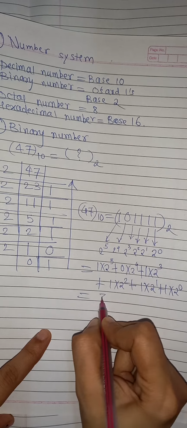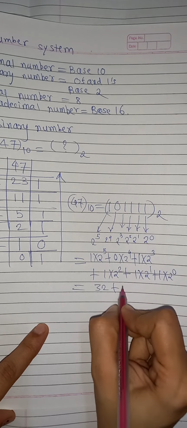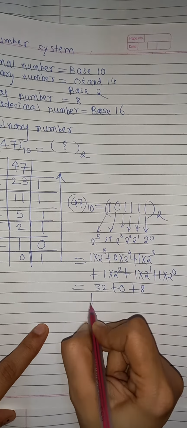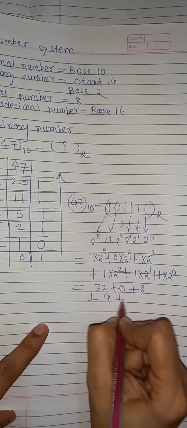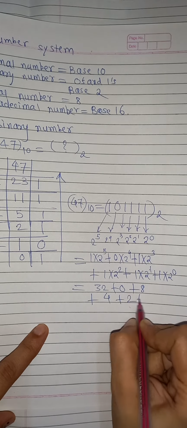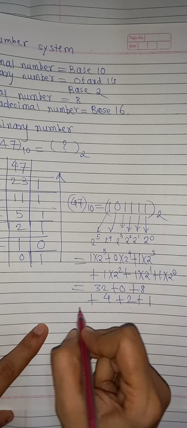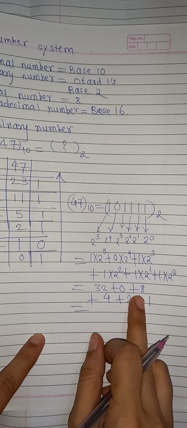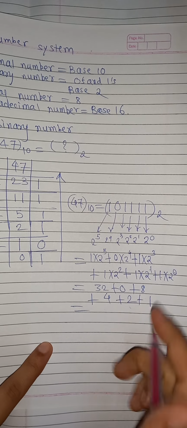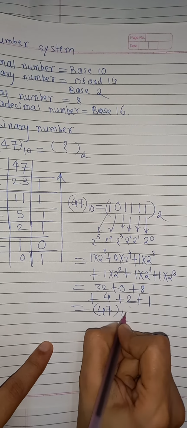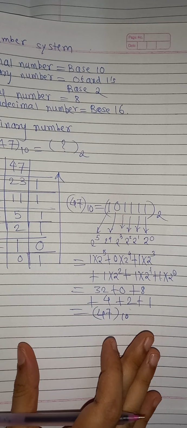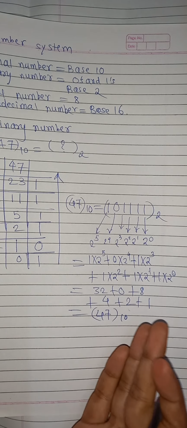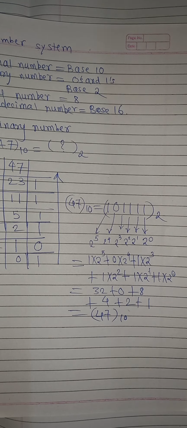Now 2 raised to 5 is 32, this is 0, 2 raised to 3 is 8, 2 square is 4, 1 into 2 is 2 and 1 into 2 raised to 0 is 1. After adding, 32 plus 8 is 40, 44, 46, 47. So we are getting 47. This is how we convert binary number to decimal and decimal number to binary.